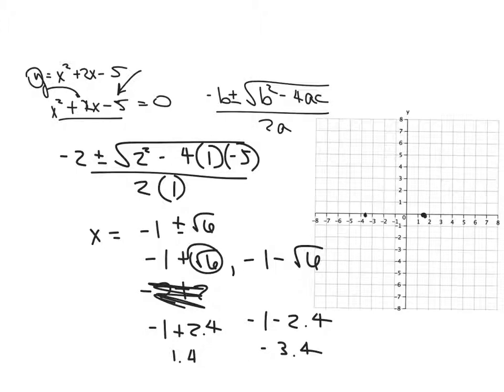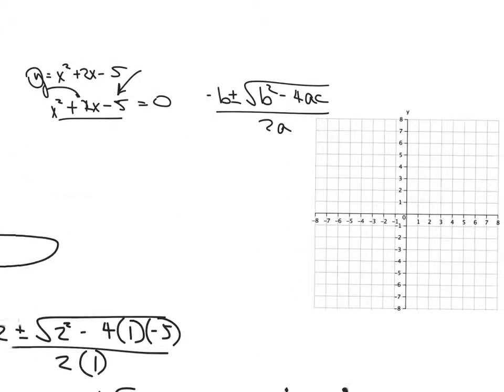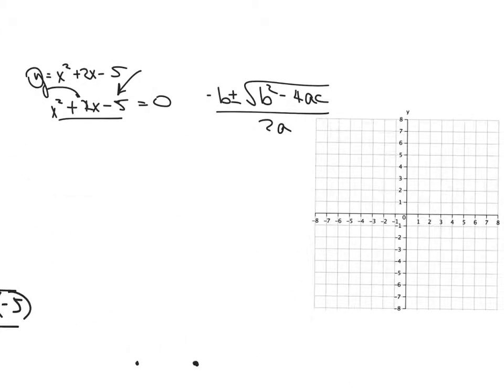If we want to find out where it crosses the y-axis, then we would have to take our original equation here, and let's kind of move stuff out of the way here. And let's do it in blue. We'll put y equals 0 plus 2 times 0 minus 5, which gives me y equals -5. So that's where it crosses the y-axis there.